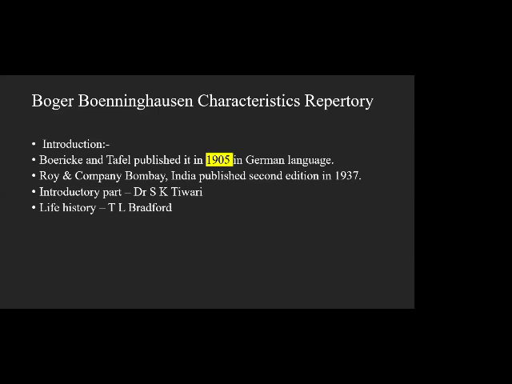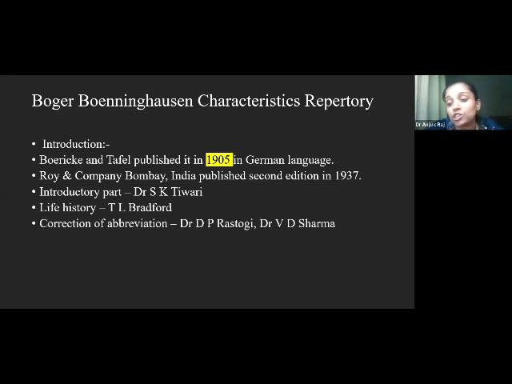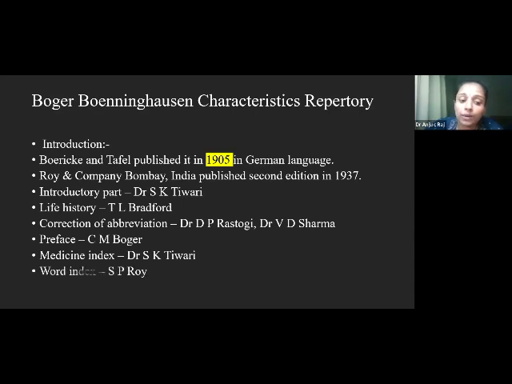Yes, the sketch of his life history is in the introduction of this book. Next, the correction of abbreviations was done by Dr. D.P. Rastogi and Dr. V.D. Sharma. Altogether 108 abbreviations were corrected by both of them. Next, the preface was written by C.M. Boger. Medicine index by Boger and word index by S.P. Roy.